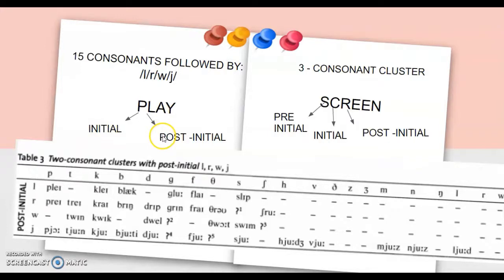post-initial. When we look at 3 consonant clusters, we can recognize a clear relationship between them and the two sorts of 2 consonant cluster described before, for example, screen. Because you have a pre-initial here, s, k, which is the initial, and r, which is the post-initial. And this is something that happens always with 3 consonant clusters.